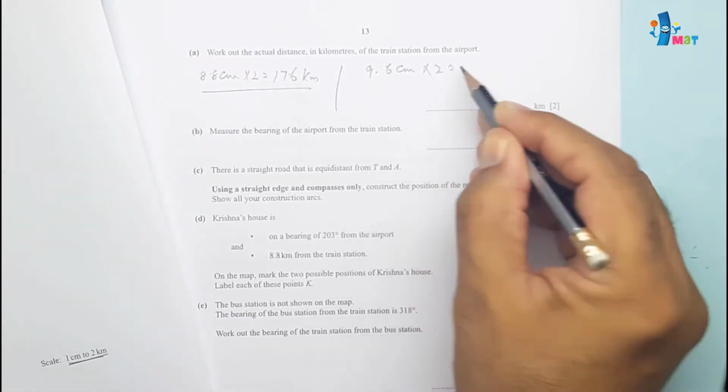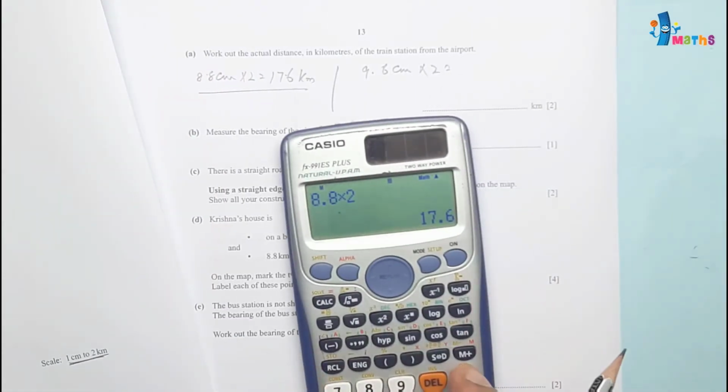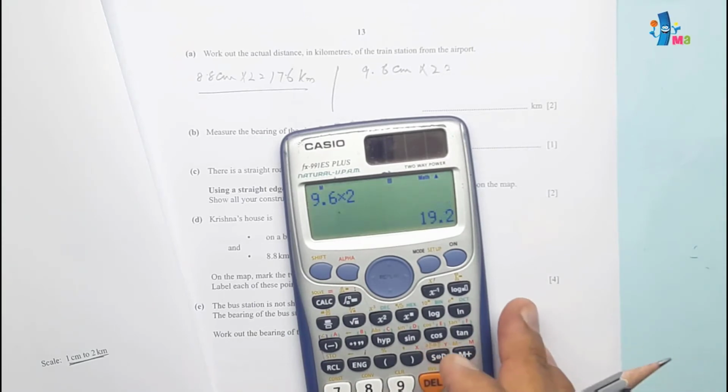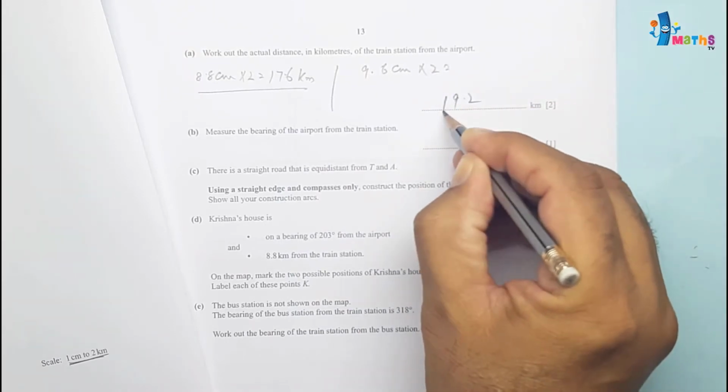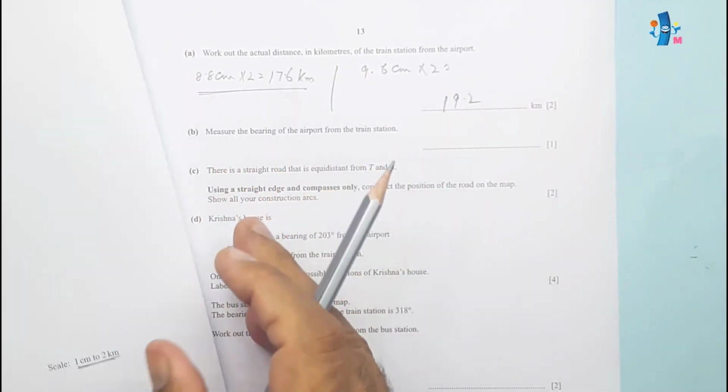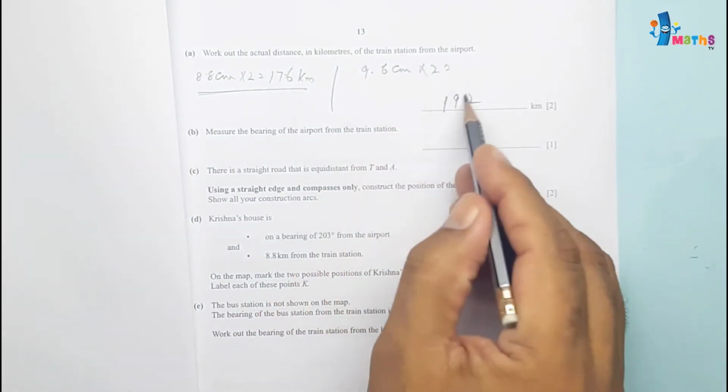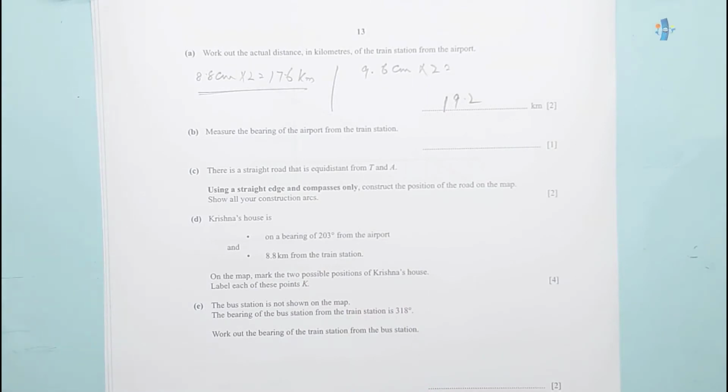So multiplying by 2, 9.6 multiplied by 2 will be equal to 19.2. This is the marking scheme answer, which the original paper had, and the other is the actual measurement we have.